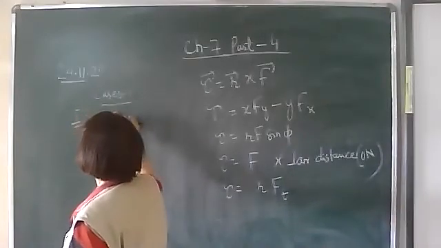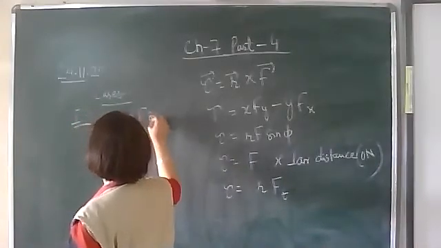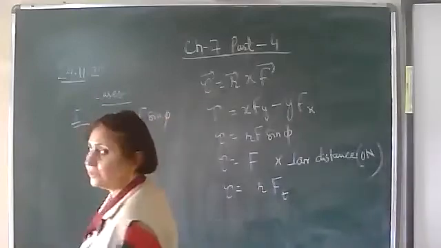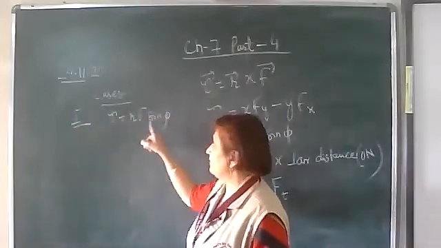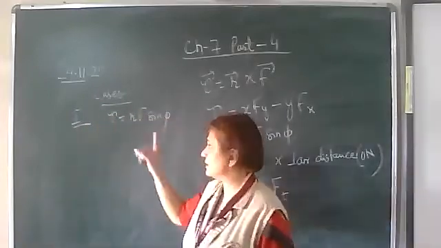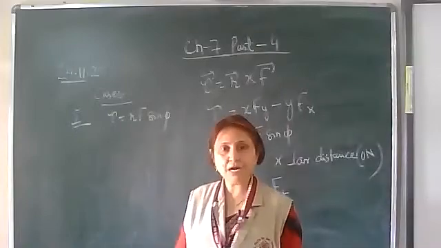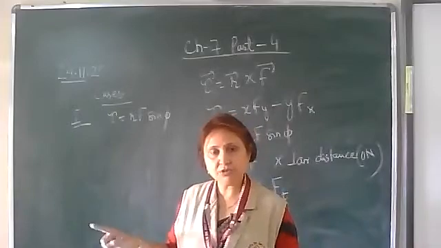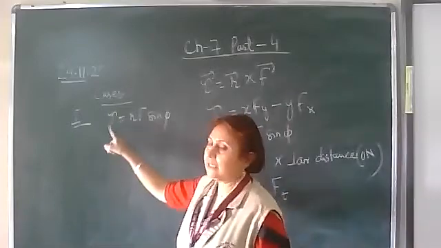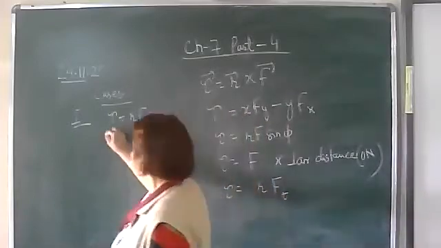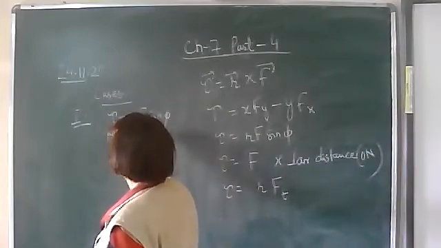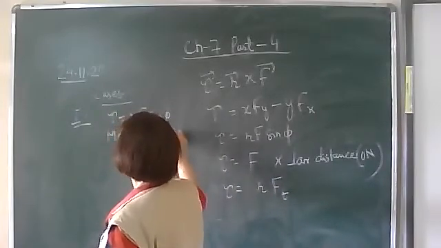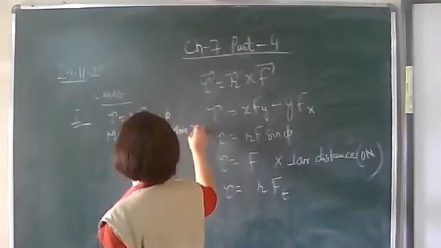First case, tau is equal to r into F into sine phi. If F and phi are fixed, then tau depends upon r. The more r, that is the more the position vector, the more the distance, the more tau will be.